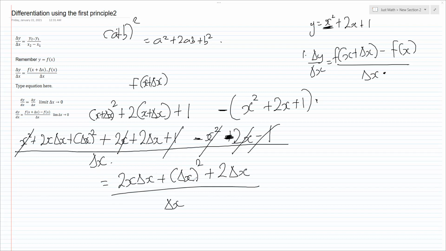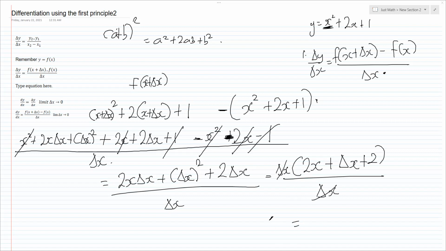So we can factorize using delta x: delta x bracket 2x plus delta x plus 2, over delta x. Delta x goes, and we're left with changing y over changing x being 2x plus delta x plus 2.